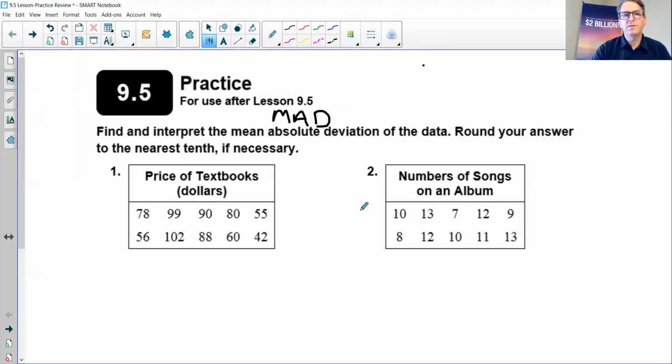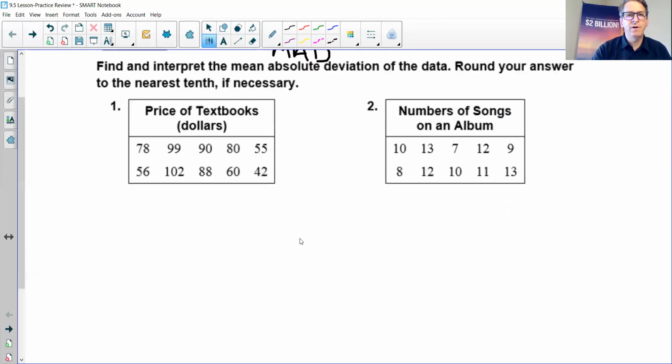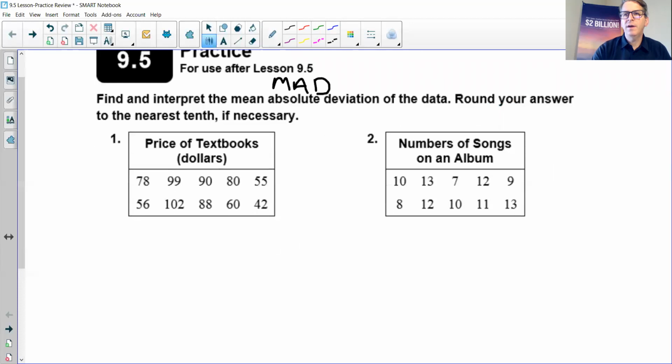We're going to round your answer to the nearest tenth if necessary. Okay, price of textbooks. All right, so the way the book displayed this, basically, first thing you want to do is rank out this data. So I'll do that quick.